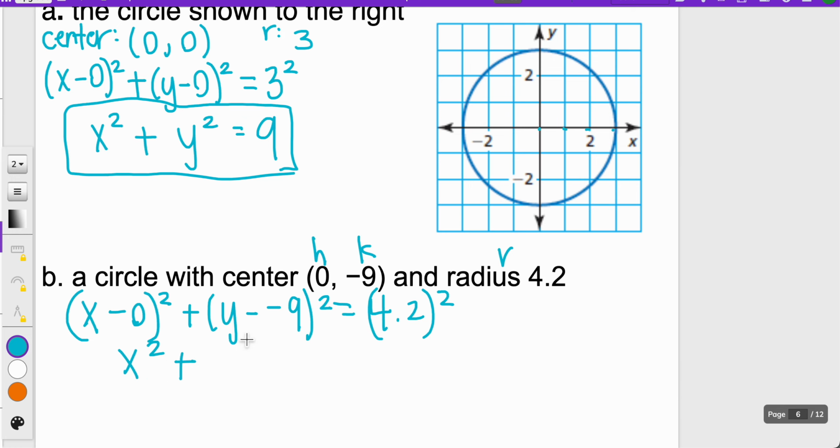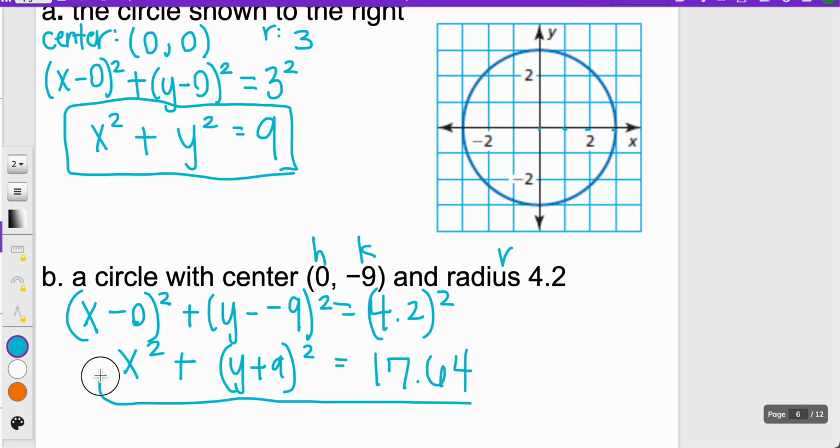Y minus negative 9 actually stands for y plus positive 9 squared. And then 4.2 squared is just 4.2 times 4.2. So that calculation is 17.64. So this is all that we would be looking for in that case.